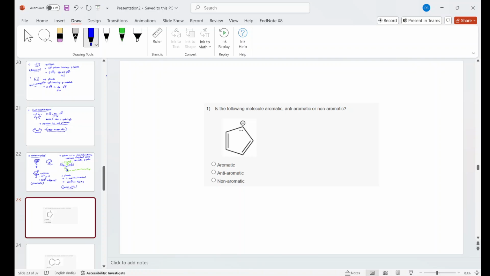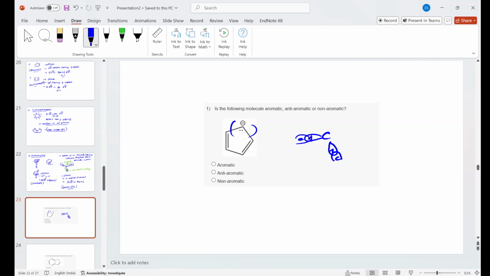So it is carbon. I'm just showing you here. Carbon has two orbitals that are participating in the sigma bonds. This is carbon, this is carbon.